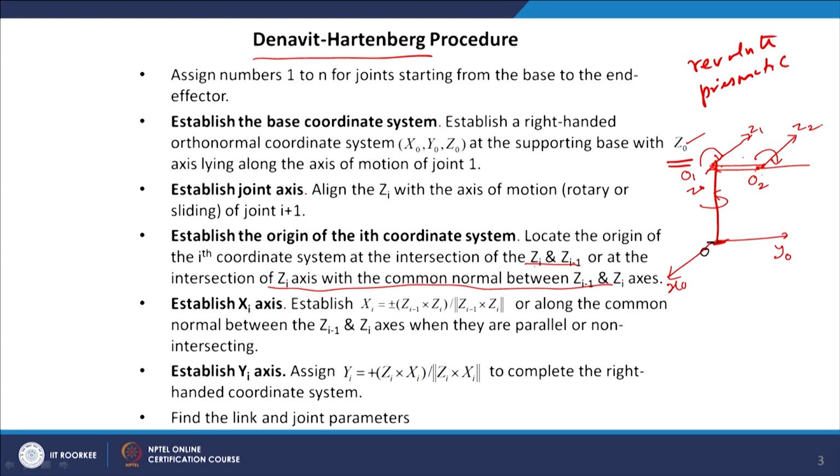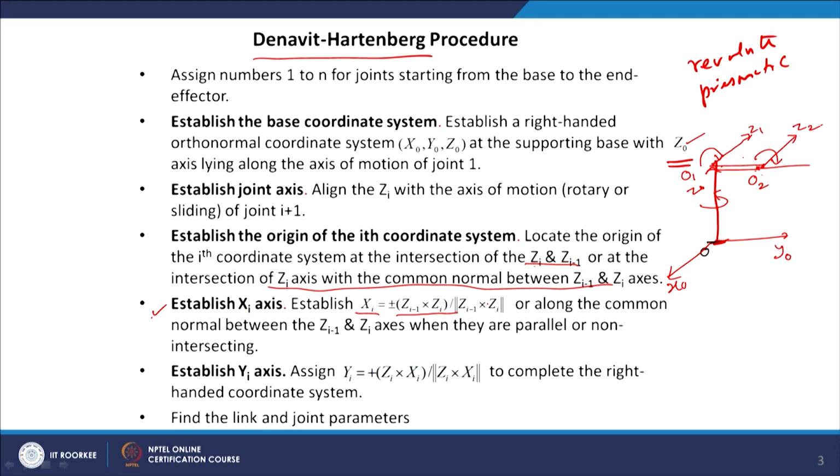Once we fix the Z axis and the origins for the various joints, we can establish the x axis at each joint. The xi vector is the vector perpendicular to both Zi minus 1 and Zi.